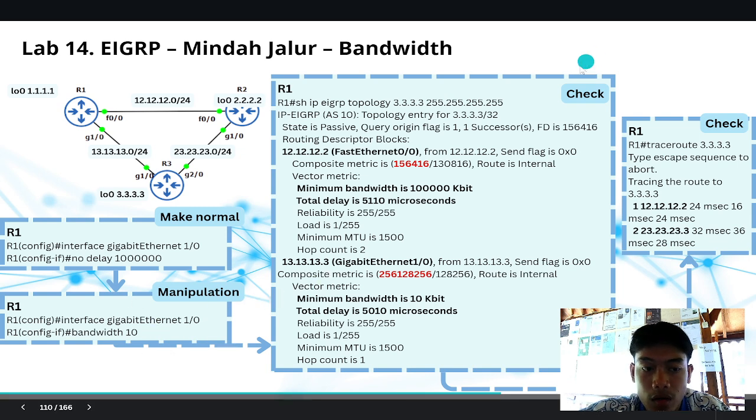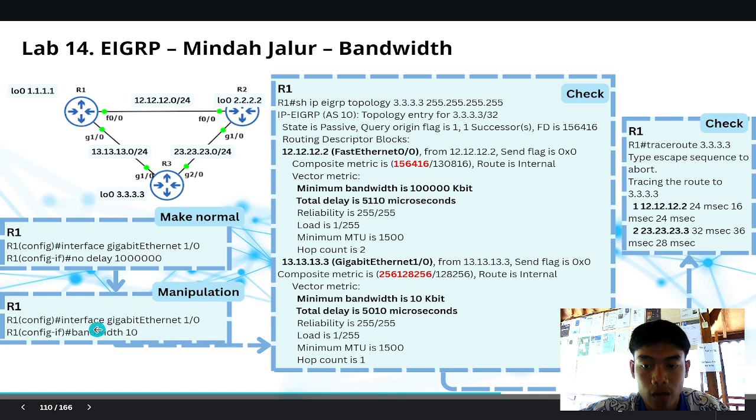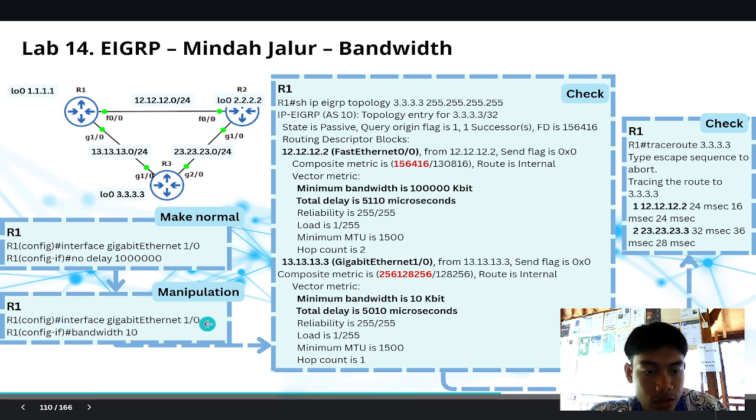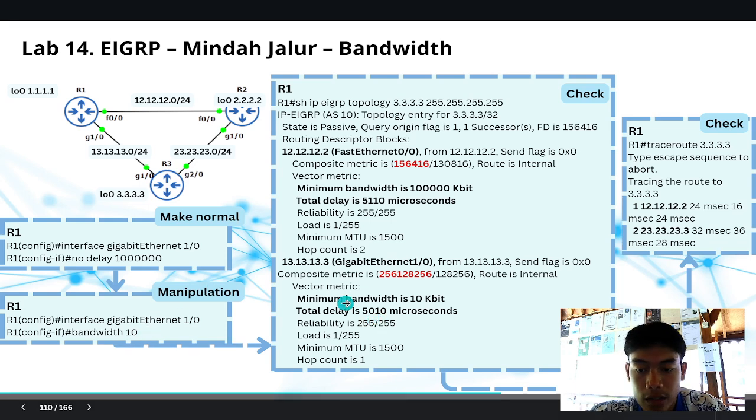And then router 2 manipulation. On router 1, change the bandwidth value of the link toward router 3, interface gig 1/0, and set bandwidth 10.